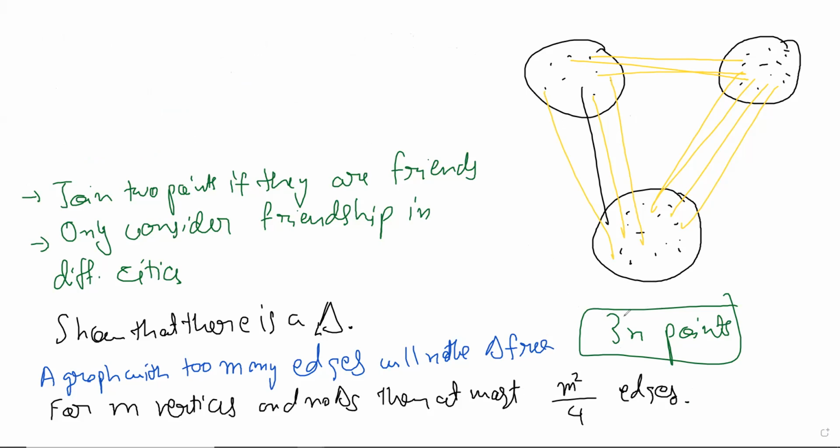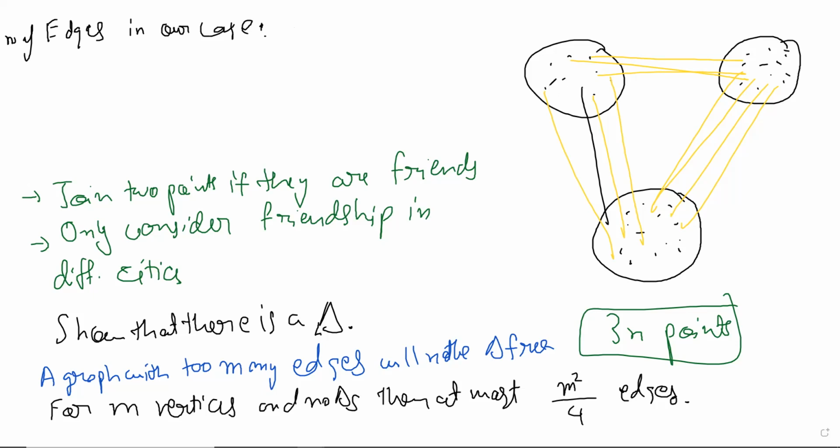So if you have 3 endpoints, let's see how many edges, the number of edges in our case. How many edges do we have in our case? Is it 9n square by 4?